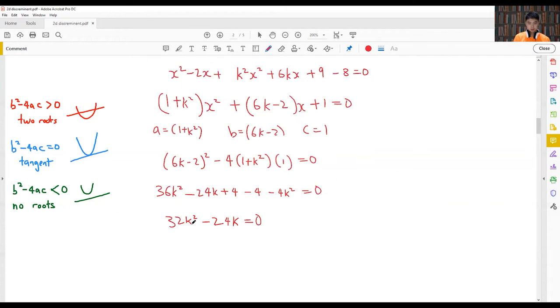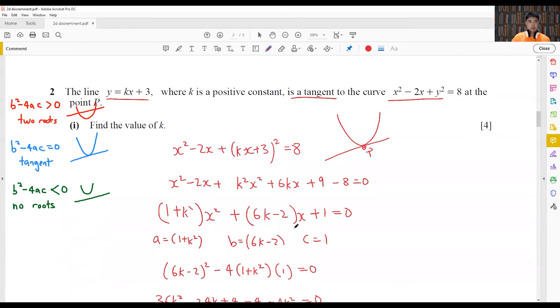You would have gotten k either equals 0 or k equals 3 over 4. But now, looking back at your question, k is a positive constant, right?